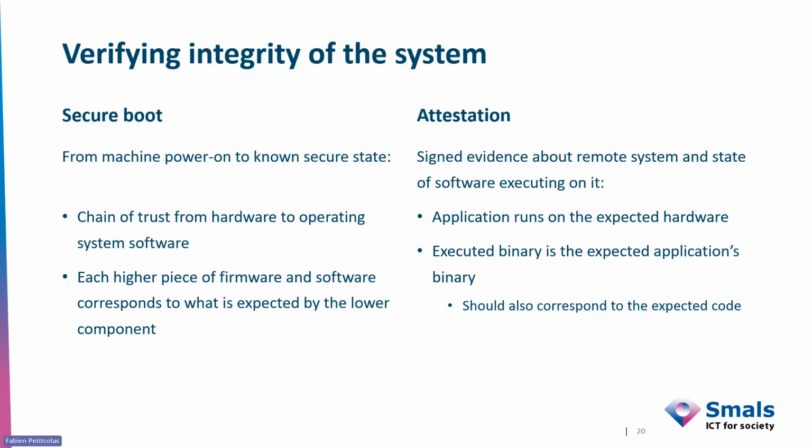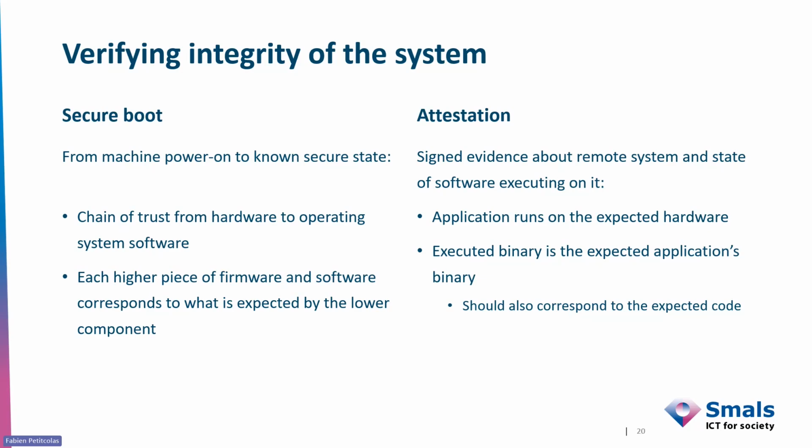And an attestation is a signed evidence about the remote system and the state of the software running it. So it ensures that the system is the one we expect, and also that the binary within the protected environment is the one we expect.